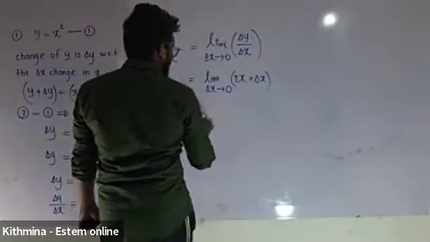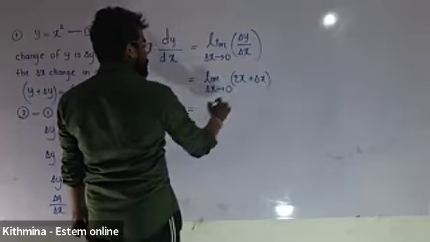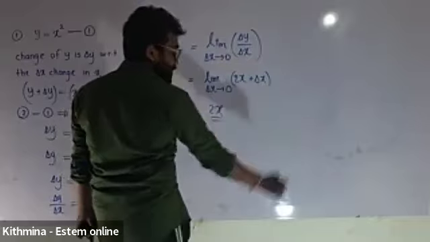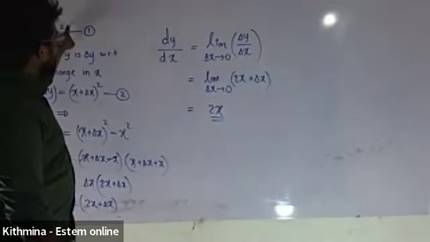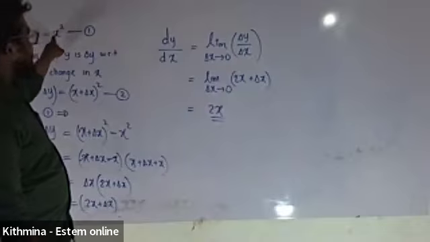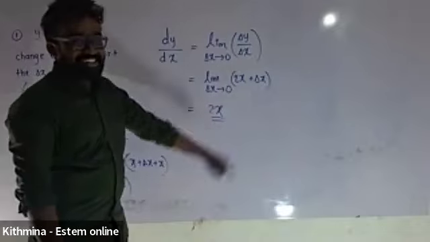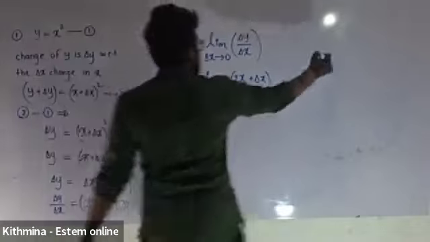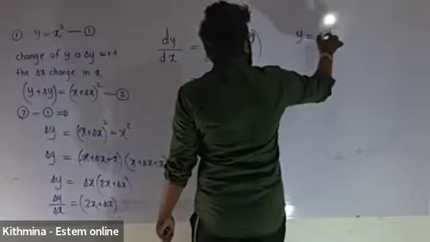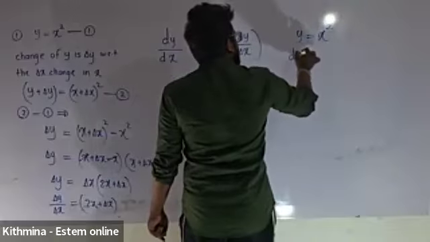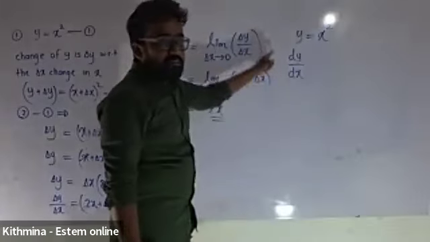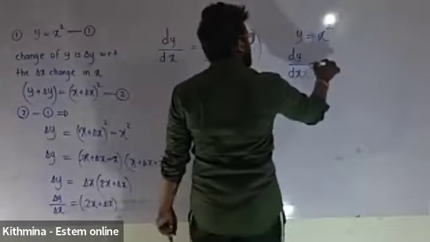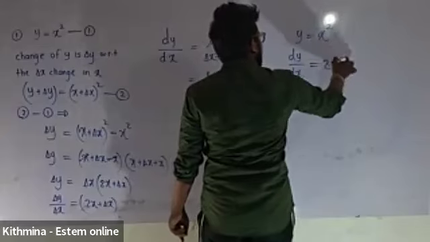When I put delta x to 0, the answer is 2x. As a summary, y equals x squared, then dy by dx is just 2x.